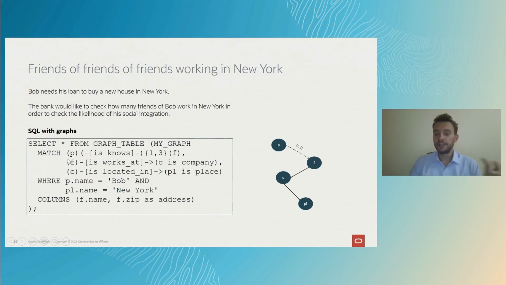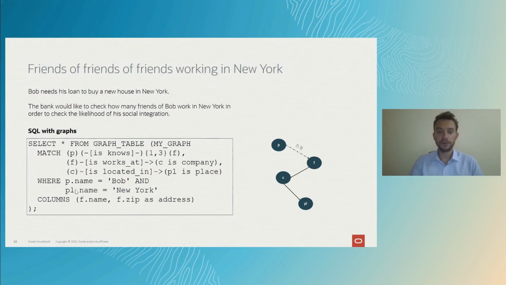So again, the match pattern allows us to very easily define the shape that we want to find. The where clause allows us to put conditions on every vertex or edge in the shape. And then the columns clause will give us the information we want to know on the resulting vertices or edges of these queries.